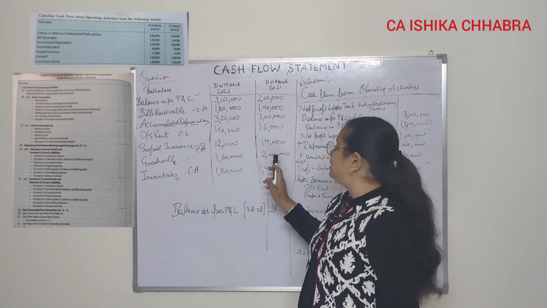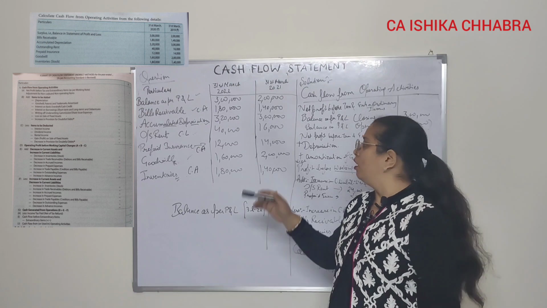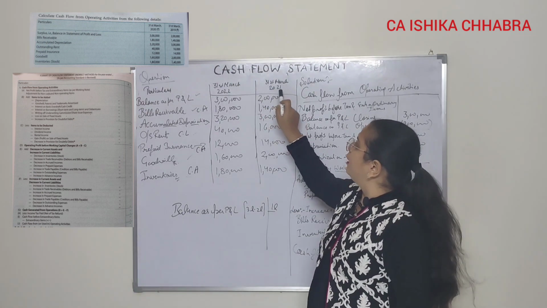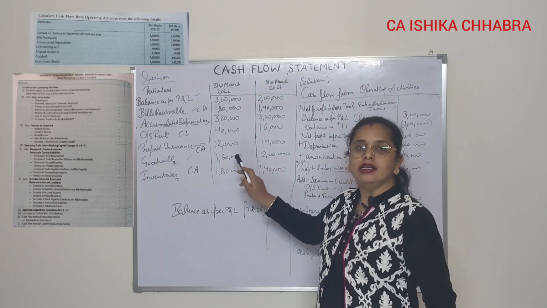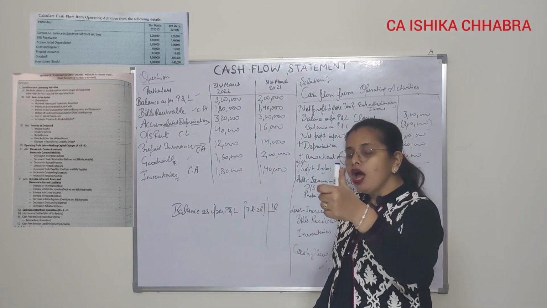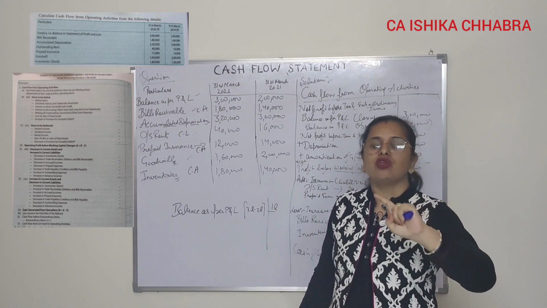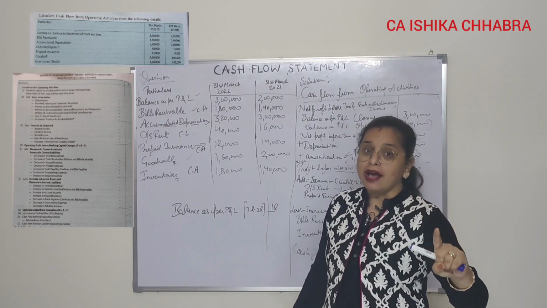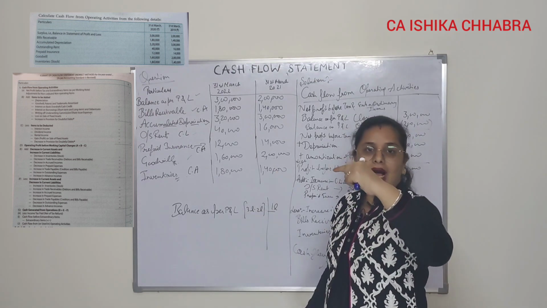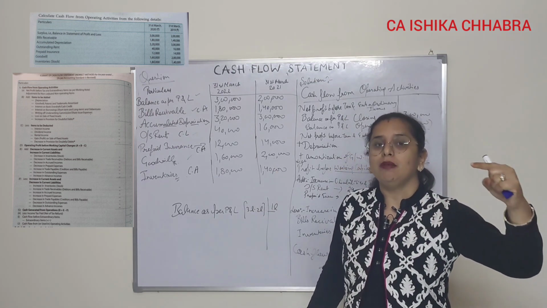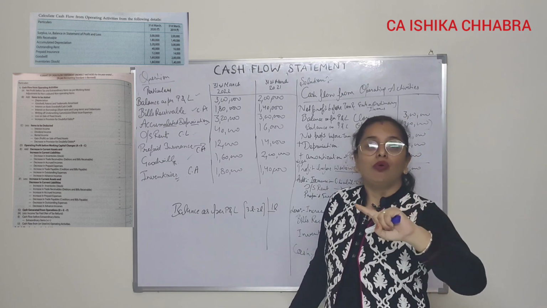So in this case, what has happened? I don't know if it is increased or not, so I will check from the years, 2021 and 2022. From the previous year it is decreased. That means we have amortized our goodwill, and it is also similar to depreciation, with no involvement of cash. That's why we will also add it back, because while calculating profit we have deducted it, but there is no cash involvement.